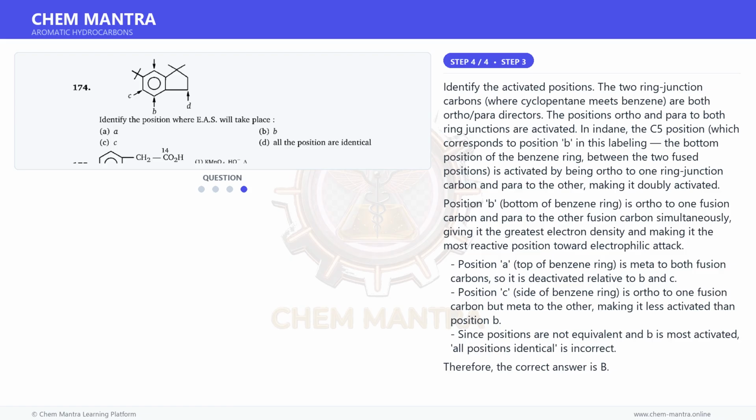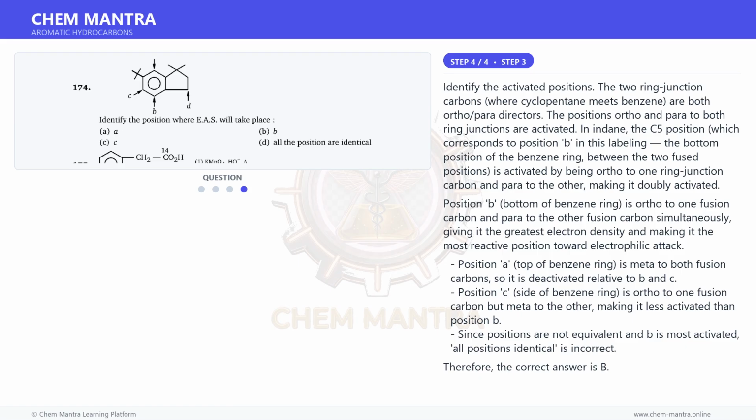Position B, bottom of benzene ring, is ortho to one fusion carbon and para to the other fusion carbon simultaneously, giving it the greatest electron density and making it the most reactive position toward electrophilic attack.